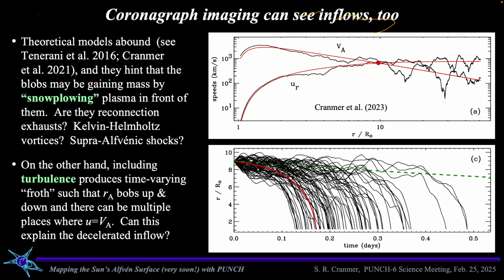You can see hopefully the red and the green curves on the bottom image, basically showing that once you put in this kind of turbulence, a blob might be going down and then it might be kicked up and down and up and down. And its stochastic motion would effectively slow it down to the types of things that we see. So these are the things that we have to be on guard to be measuring with PUNCH.